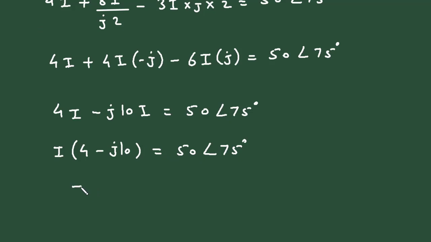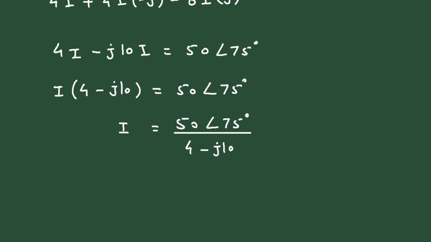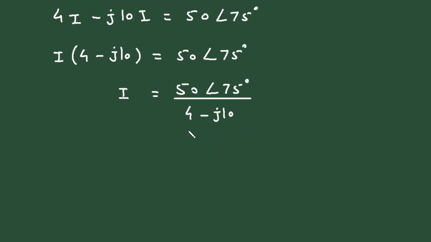Now from here, I is equal to 50 at an angle 75 degrees divided by 4 minus j10. Now here the numerator is in polar form and the denominator is in rectangular form. And we know that addition and subtraction are better performed in rectangular form and multiplication and division are better performed in polar form.